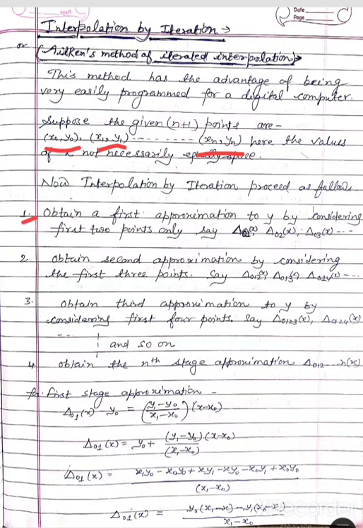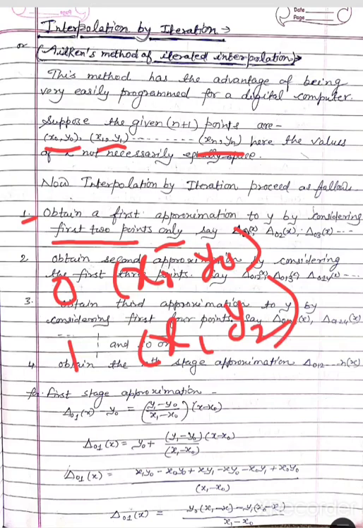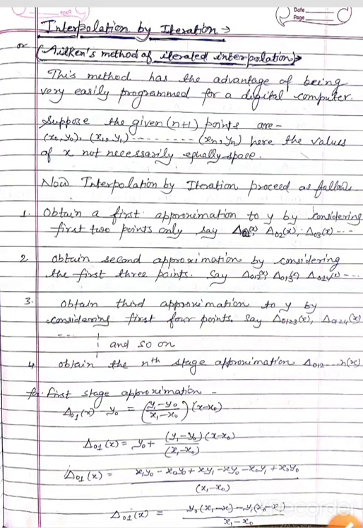Number 1, first we obtain a first approximation by considering the first 2 points only. First 2 points means points 0 and 1, where 0 corresponds to x0 y0 and 1 to x1 y1. By considering these 2 points, we get the first approximation of the function, named delta 0 1 x.